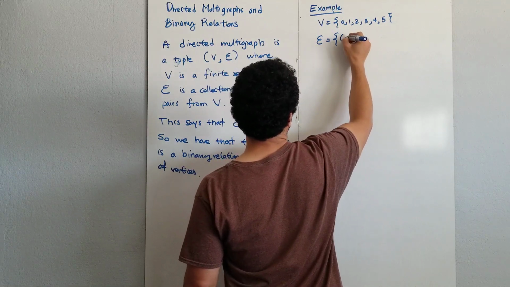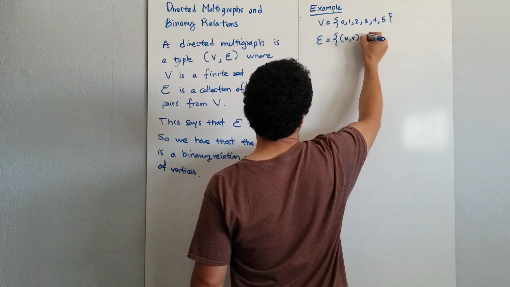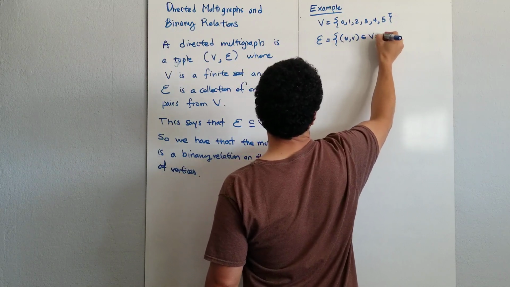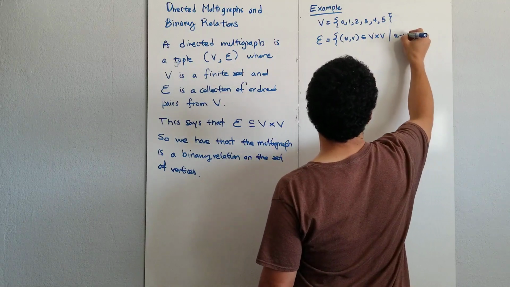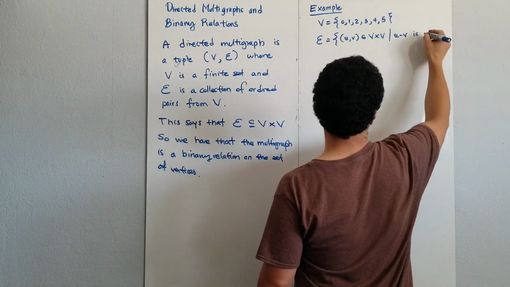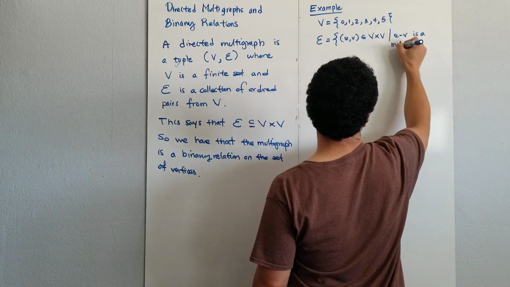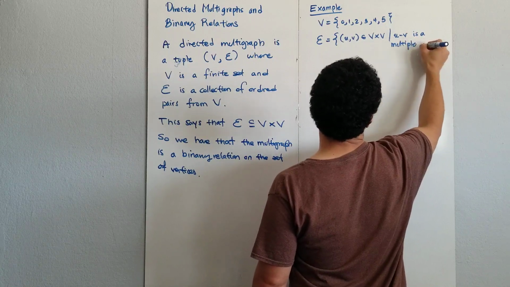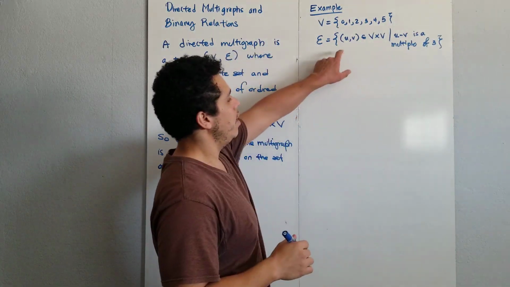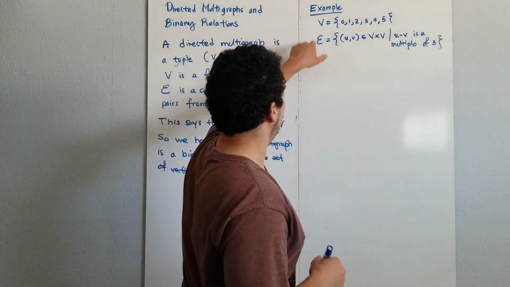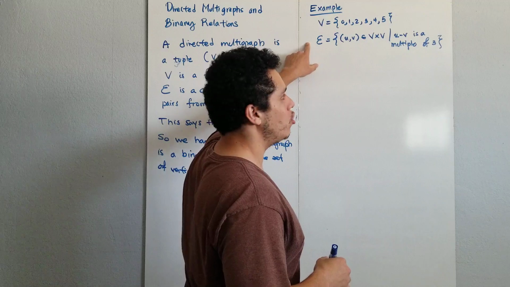R is the set of all pairs (u, v) from V cross V such that u minus v is a multiple of 3. The way that we state this, it becomes apparent that this has to be a binary relation.